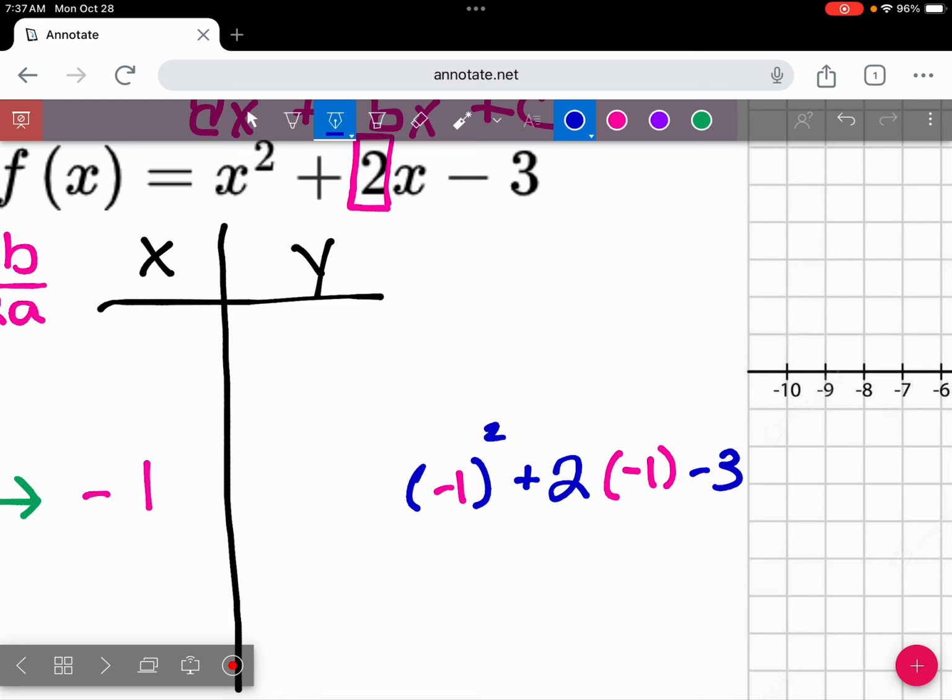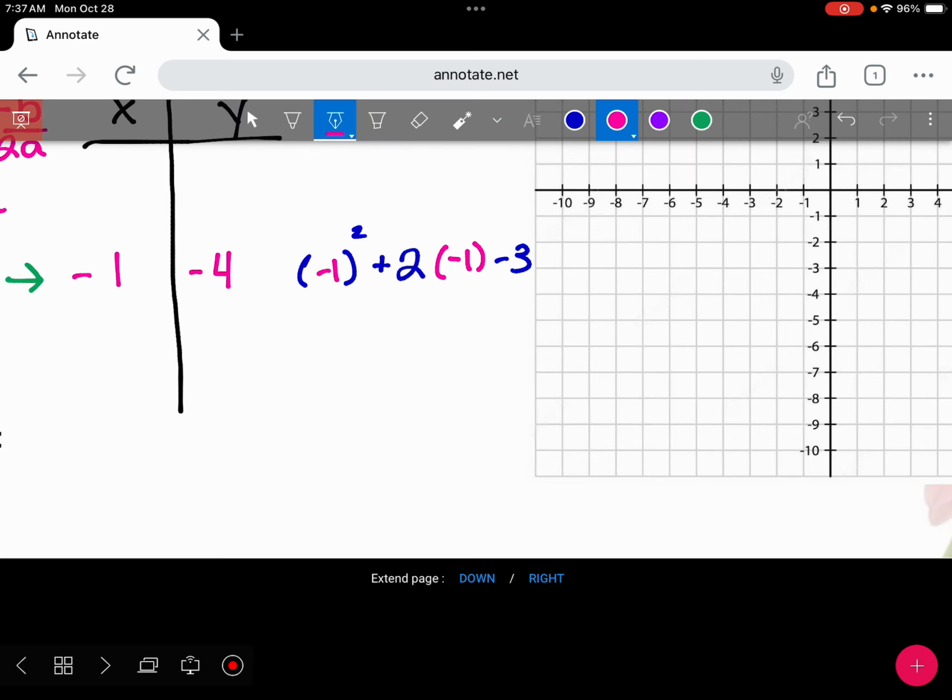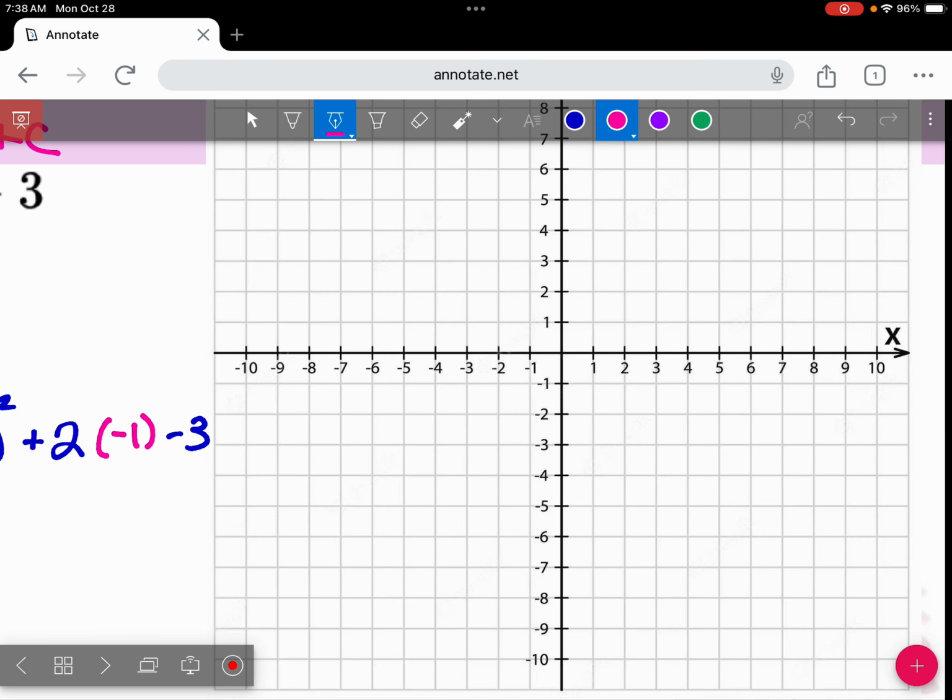Negative 1 quantity squared plus 2 times negative 1 minus 3. Should spit out a value of negative 4. So we're going to have our vertex at the point negative 1, negative 4, which is over here.